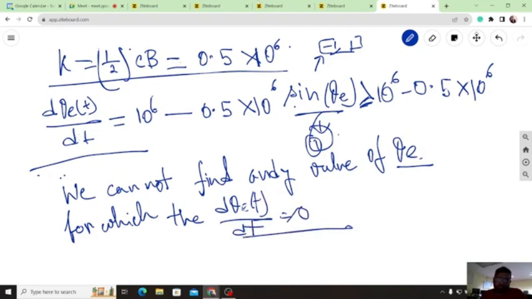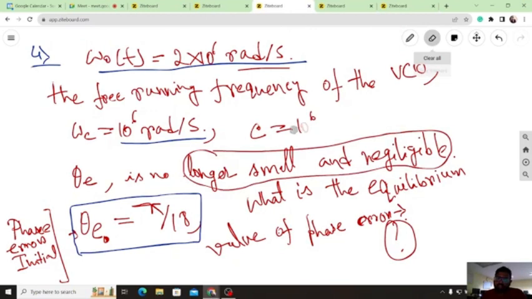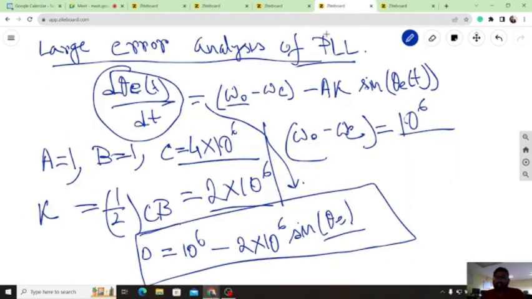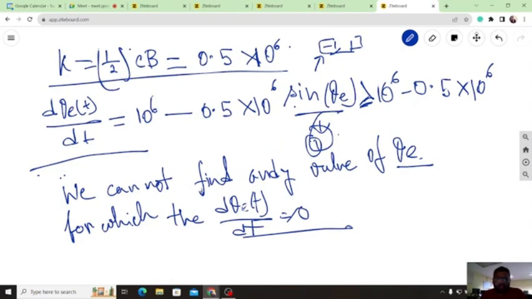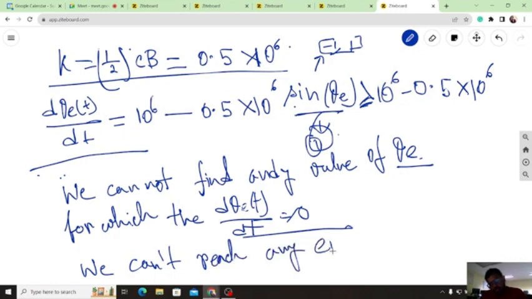So if the VCO constant becomes 10 to the power 6 instead of the previous value, which was 4 into 10 to the power 6, then we can't reach any equilibrium.